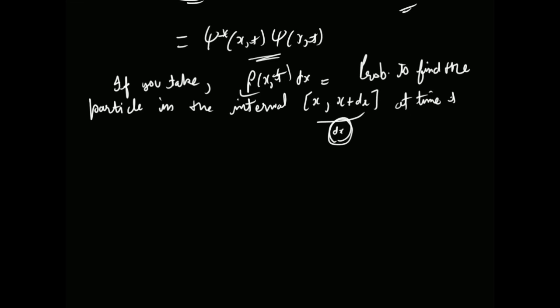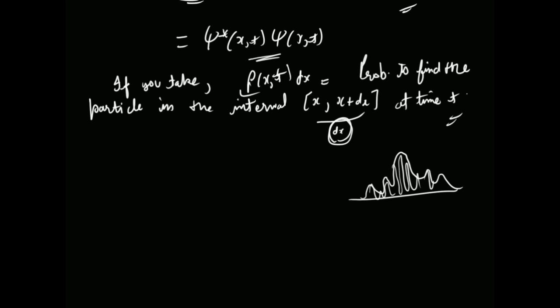So this is where the concept of the physical significance of psi comes in. If you have this wave function, suppose the probability density of the particle is shown by this graph.